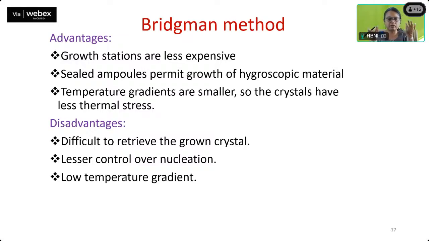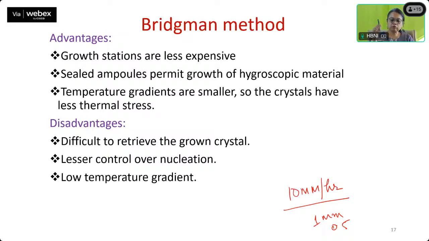It can be 1 mm per hour, or 0.1 or 0.01, or even higher, like 10 mm per hour. But still, 10 mm per hour is 1 centimeter in 1 hour. That is the lowering rate. Or it can be 1 mm, or 0.5, or even 0.1.